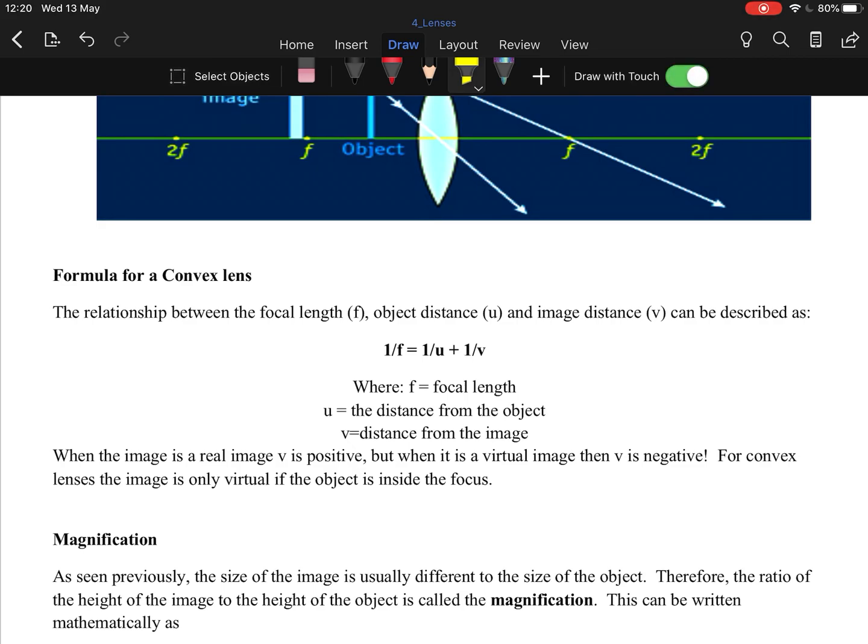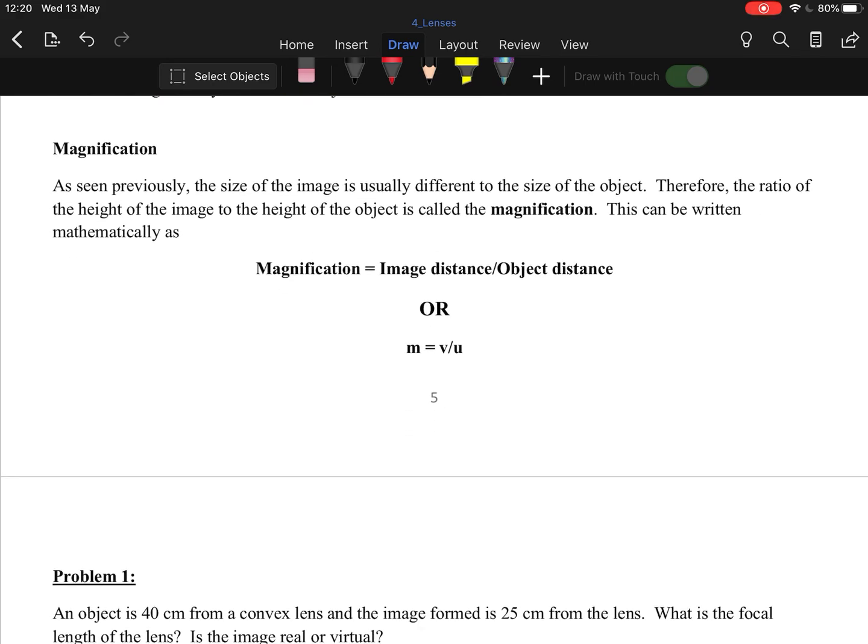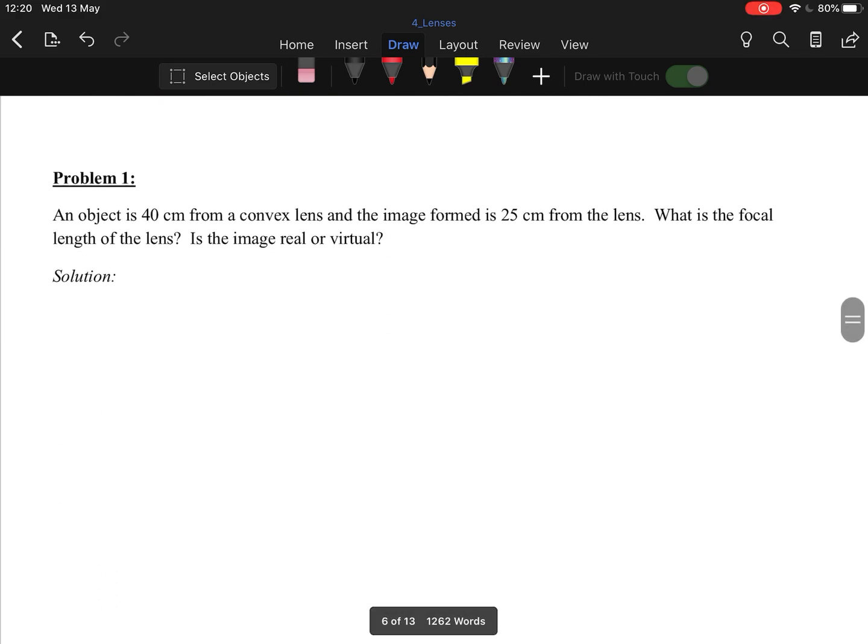However, previously, a concave mirror was this equation, 1 over f equals 1 over u minus 1 over v. However, now it's the convex lens. The symbols all mean the same thing, and the same with magnification.